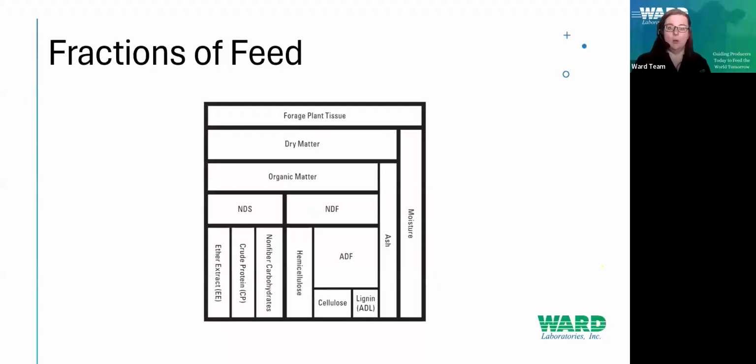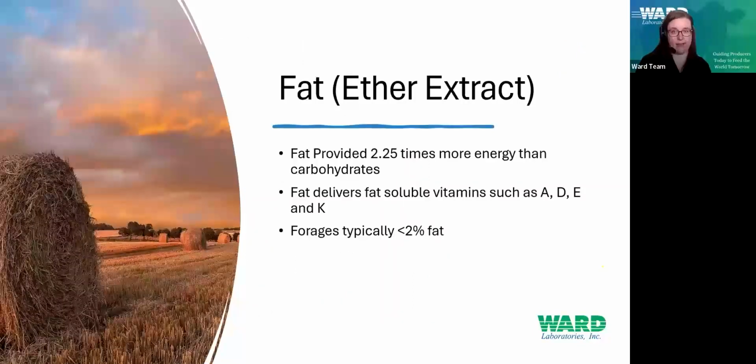Okay, moving on from ash and minerals and the elemental portions of the feed into our macronutrients. So our macronutrients, first we're going to talk about is fat, which we're just going to briefly touch on. Fat is not going to make up a big portion of your forages, but if you do have high quality forages, then the fat is going to carry some of your vitamins.